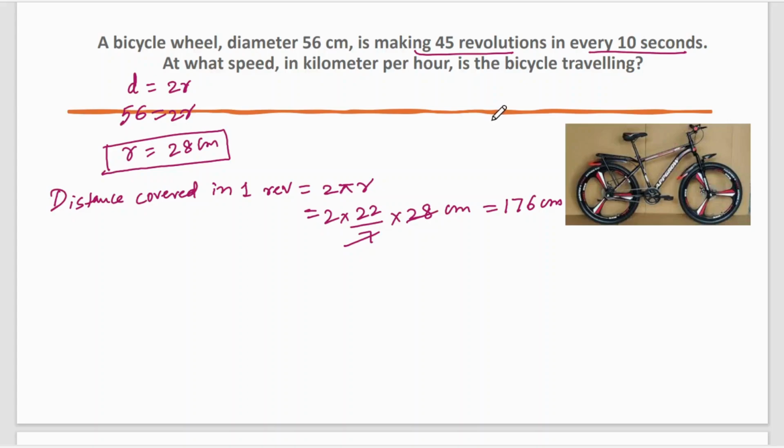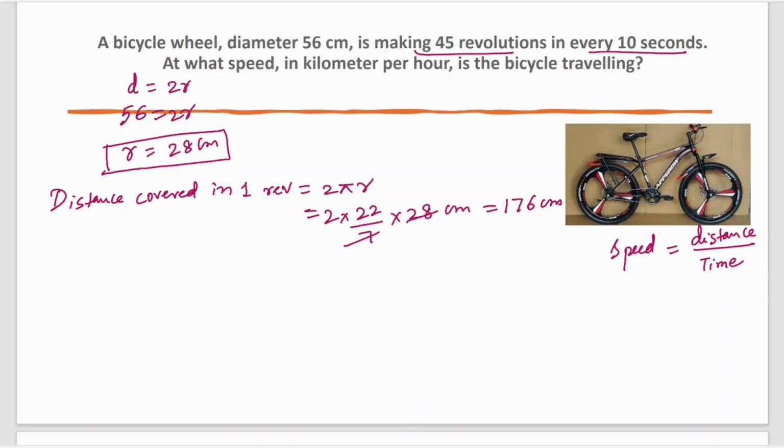So how to calculate the distance it will be covering and the speed in kilometer per hour at which the bicycle is traveling? Let's start with the formula for finding the speed. Speed equals distance divided by time.